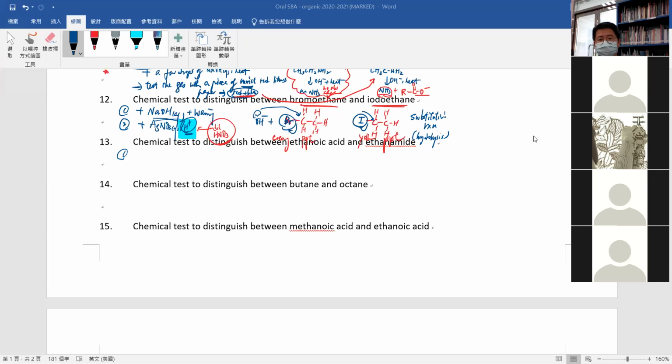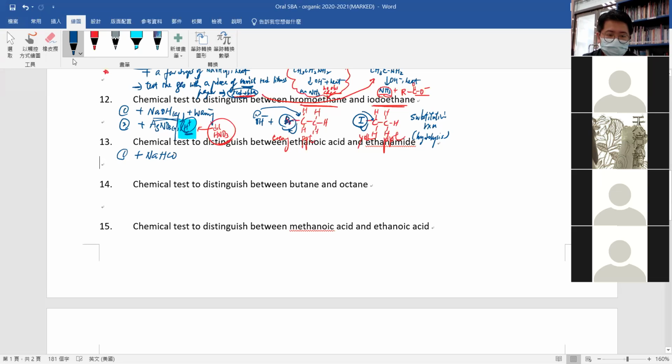Is it the sodium hydrogen carbonate, and after adding it, one has bubbles and one has no bubbles? Sodium hydrogen carbonate. What is the physical state? Solution. Remember, why? How about solid?